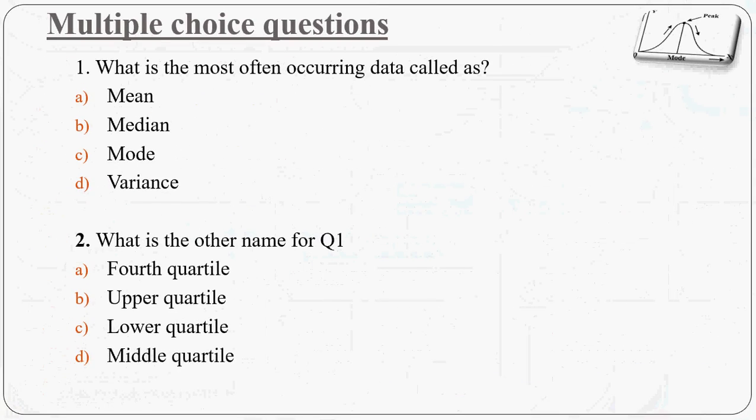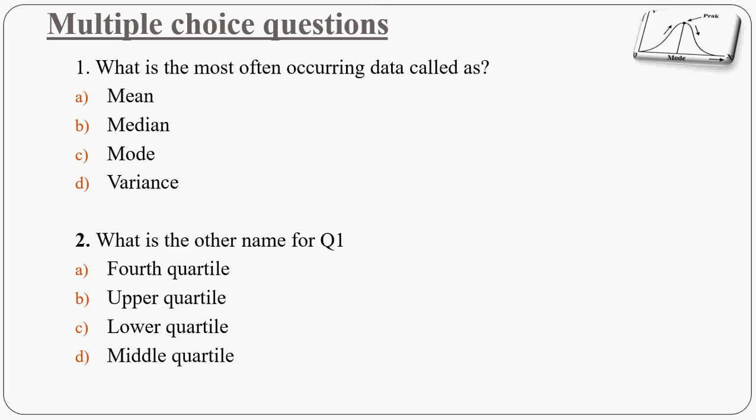Now, I'm going to test you with some multiple choice questions. What is the answer for the first question? What is the most often occurring data called: mean, median, mode, or variance? Most occurring data, more number of times. Very simple.